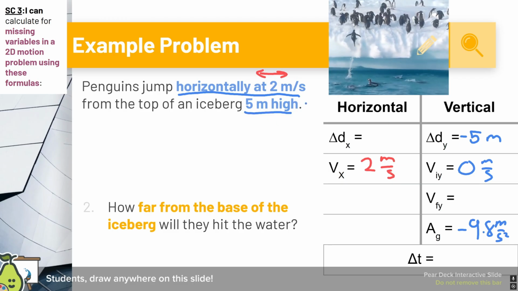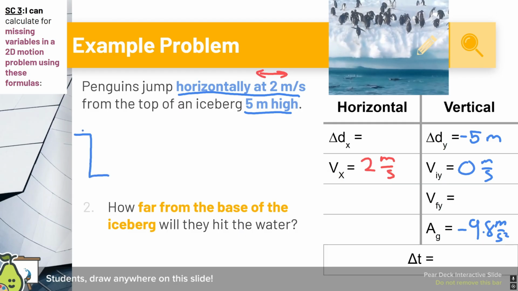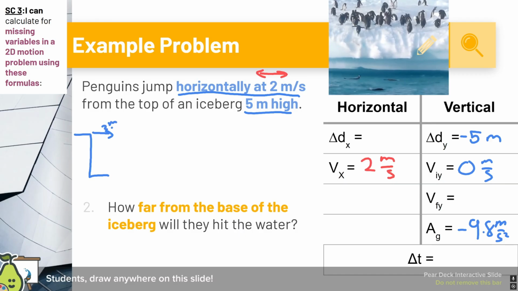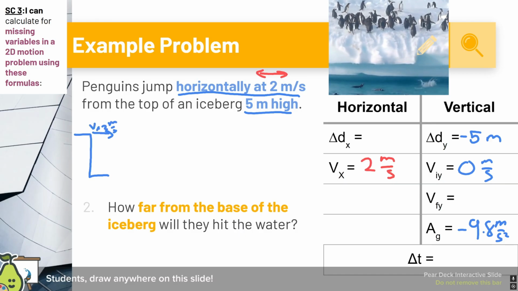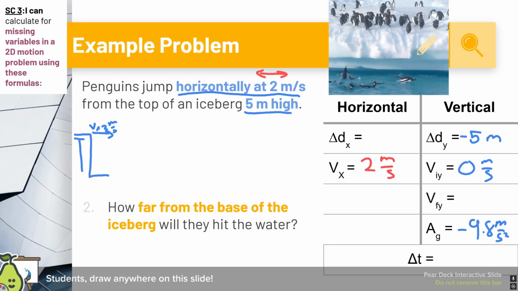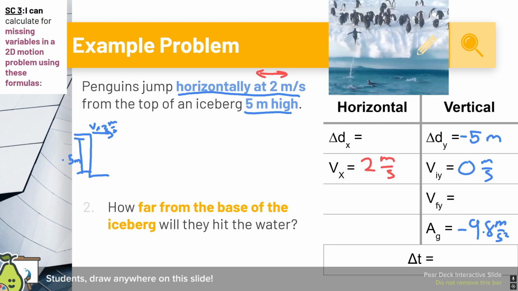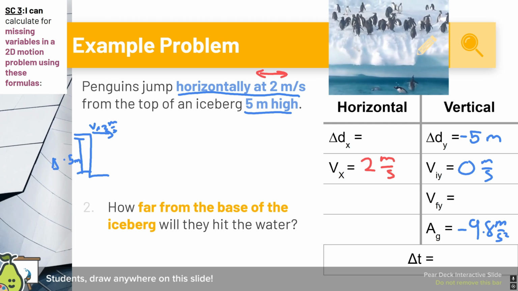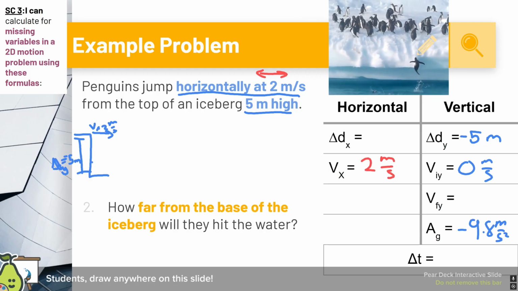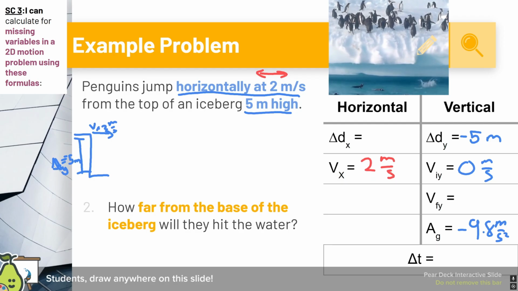And if we were to draw this out real quick, we got a penguin being launched horizontally at 2 meters per second in the Vx. And then it is all from a place that is 5 meters high. There we go. And the reason I put the negative again is because we are falling downward.